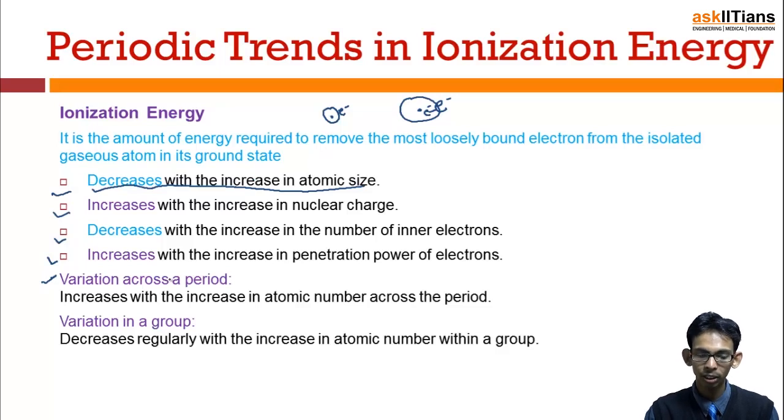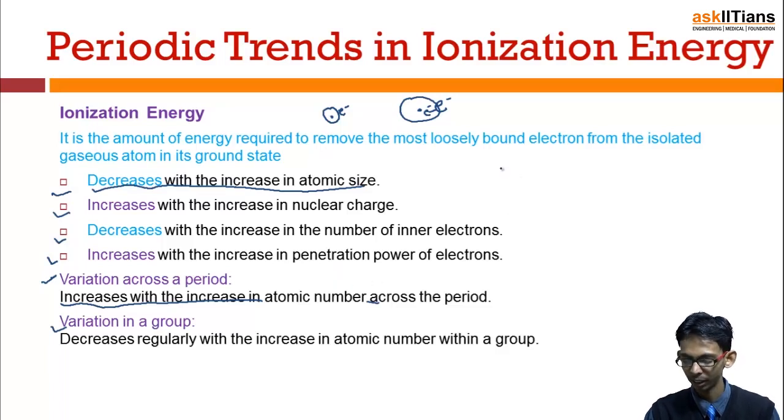So across a period, it increases with increase in atomic number. That means when we move from left to right in a period, the ionization energy increases because of decrease in size. Next is variation in a group: it decreases regularly with increase in atomic number within a group. That means when we move from top to bottom in a group, the ionization energy decreases.